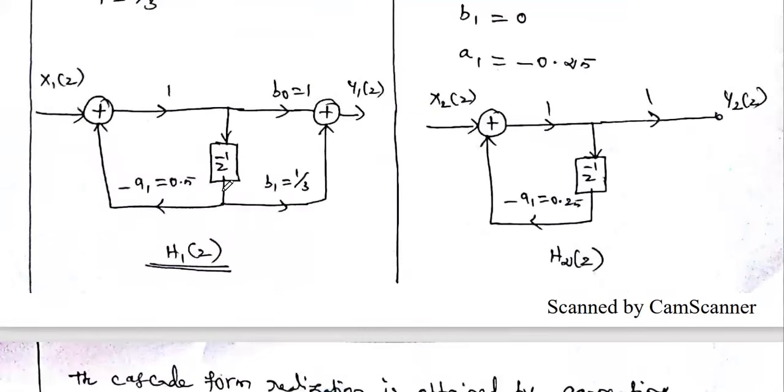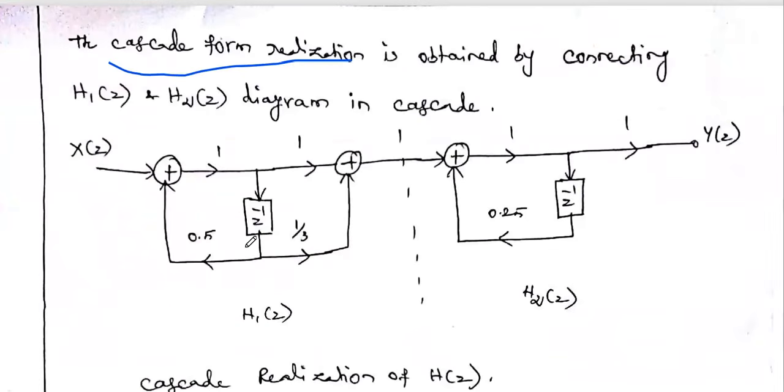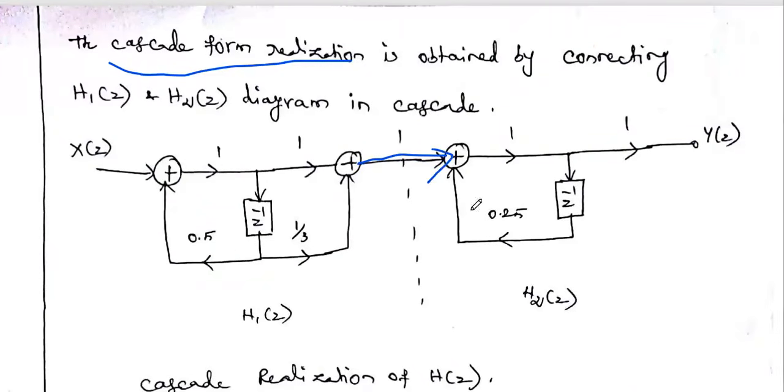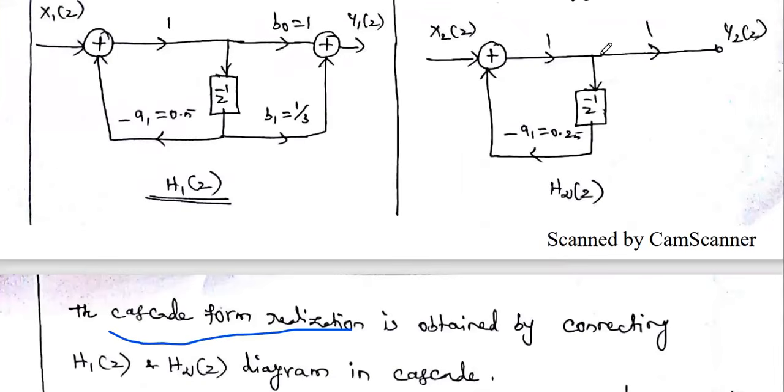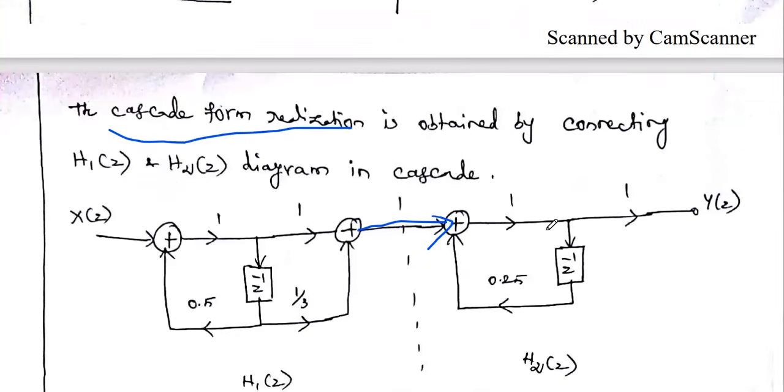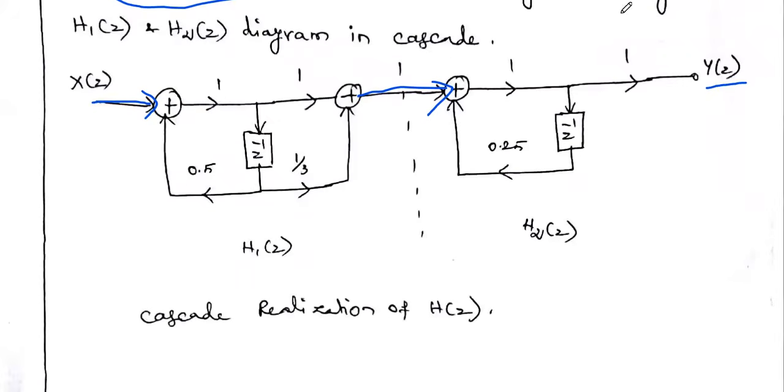Then the output of the H1 of Z is given as an input to the H2 of Z. So this H2 diagram you just draw here. The first output is connected with the second input. So our external input is given to the first system and the output taken from this second system is our overall output Y of Z. This diagram is called the cascade form realization of the given system.